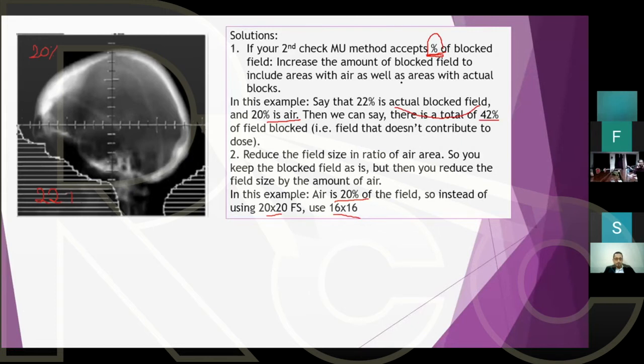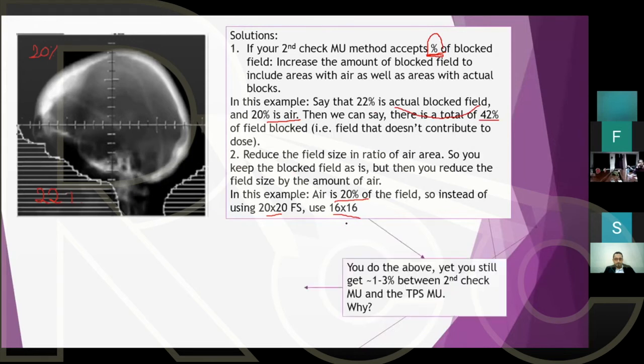So either you play with the percentage or you reduce the field size. You do the following, and now you get 1 to 3% agreement. This is actually good. If we go back to table number 2 and even table number 3, this is good agreement. So we can say, okay, I'm going to sign the plan and let the patient be treated.